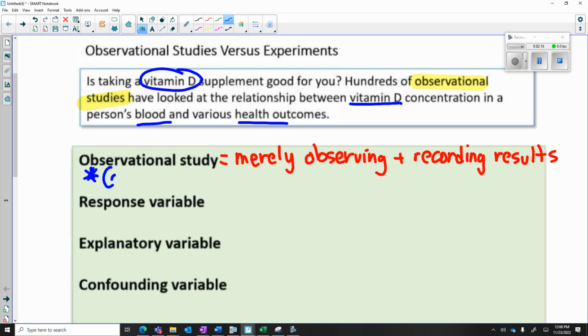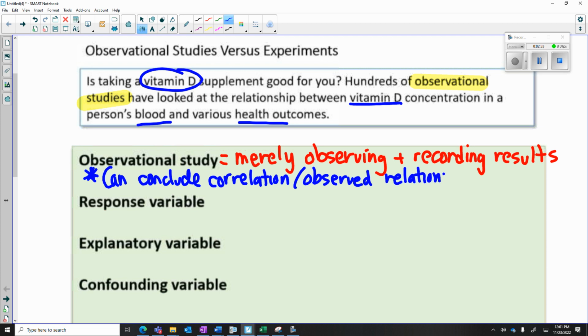So we can say maybe there's an observed relationship or some kind of correlation, which we talked about last unit, but we may not be able to conclude causation. The reason is that we're not the ones who are imposing the vitamin D on these people, and so there may be other variables that cause these people to be healthy.